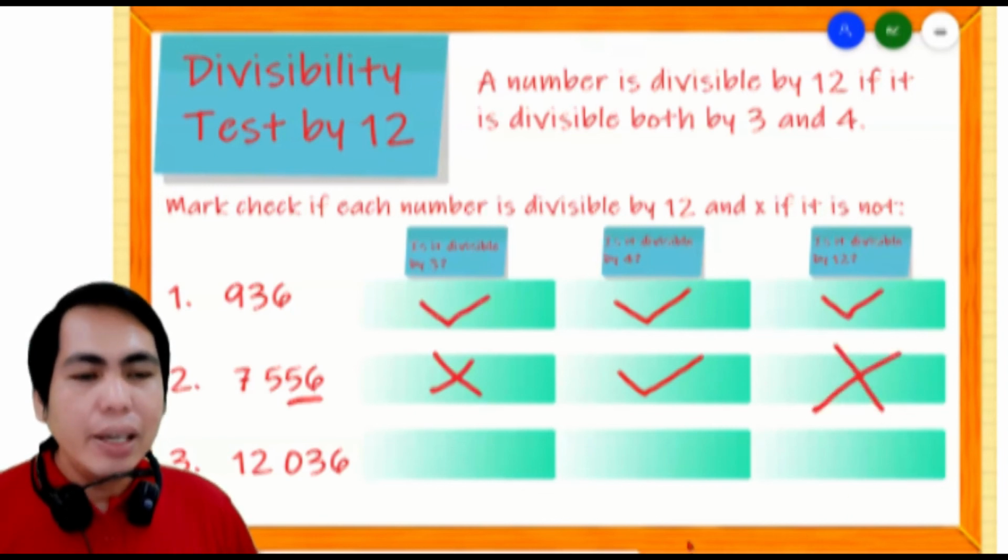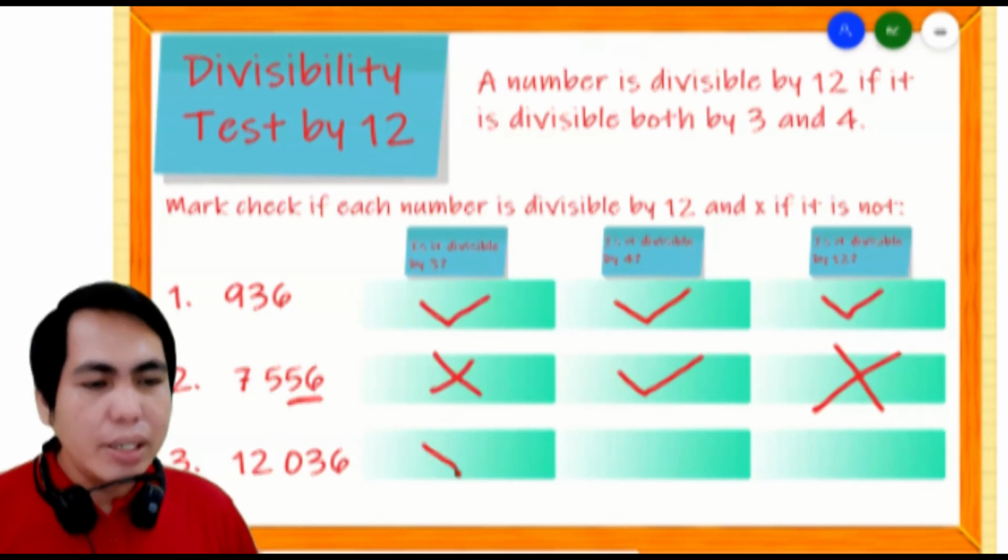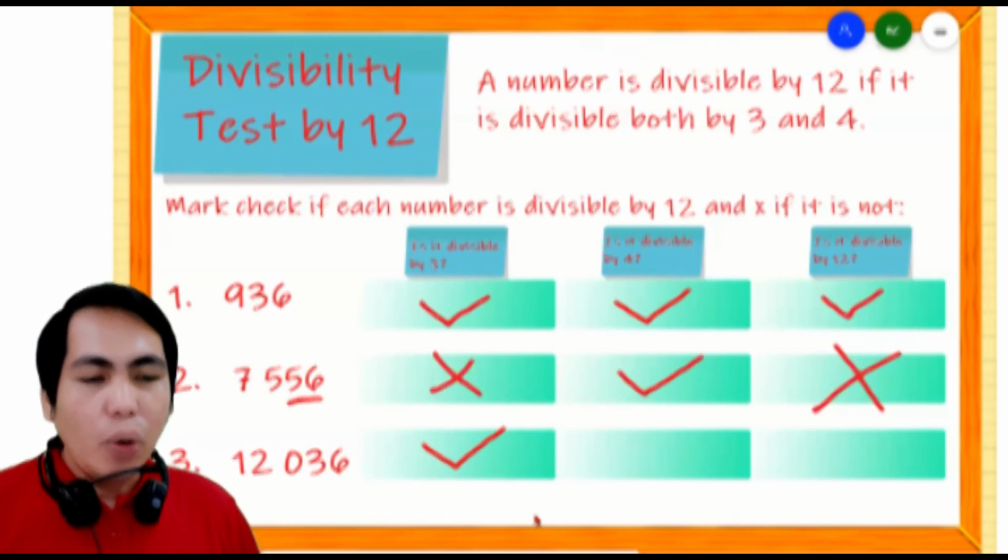And finally, we have 12,036. So we have to add all the digits 1 plus 2 plus 3 plus 6 to give us 12. And 12 is divisible by 3. So this is a check for 3. Then, we have to identify whether 12,036 is divisible by 4 or not.